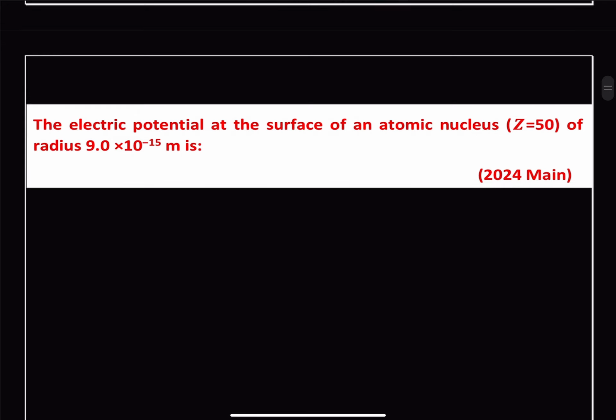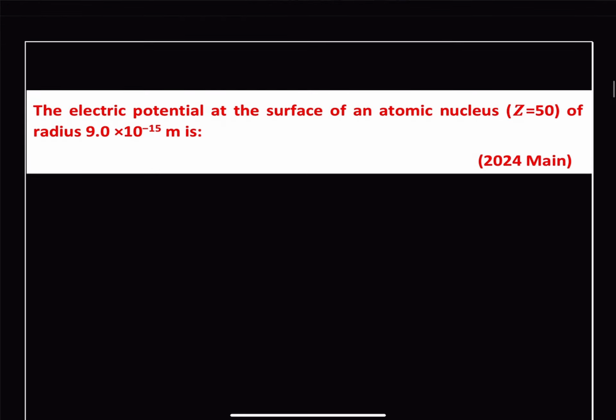It states that the electric potential at the surface of an atomic nucleus Z equal to 50 of radius 9 into 10 raised to power minus 15 meter is.